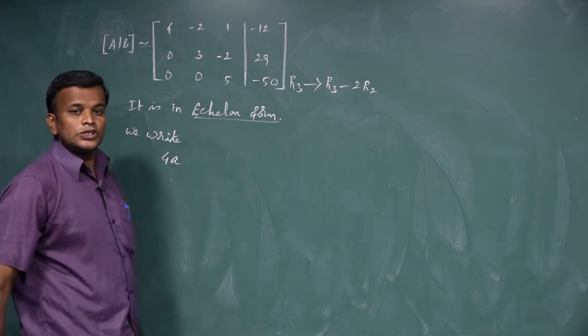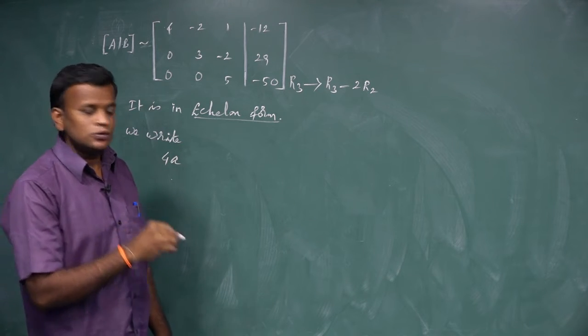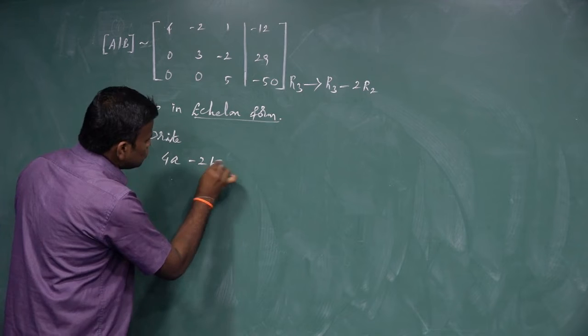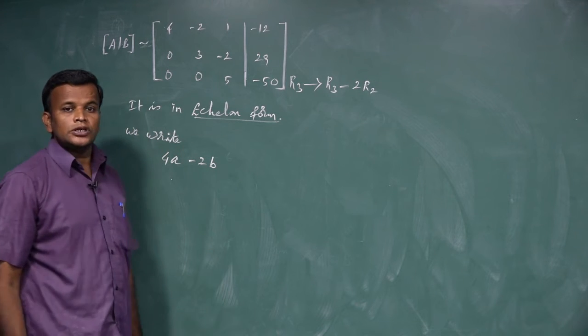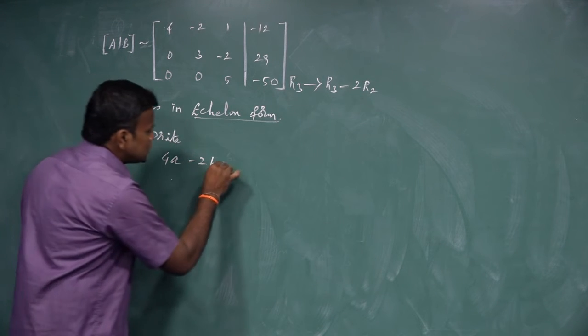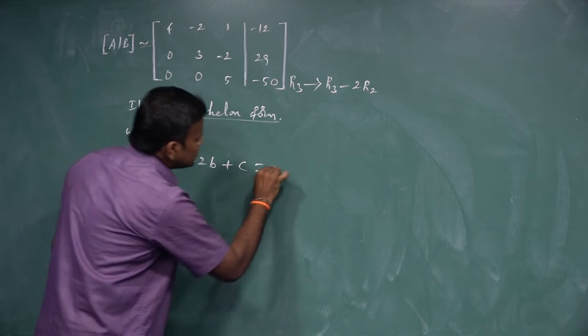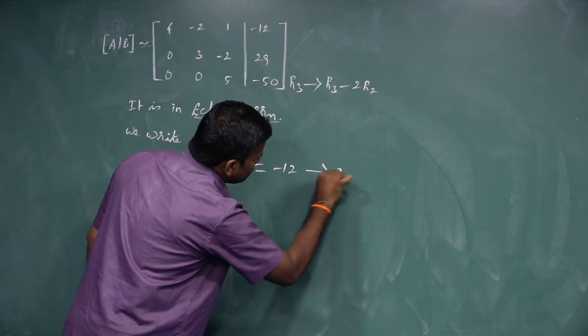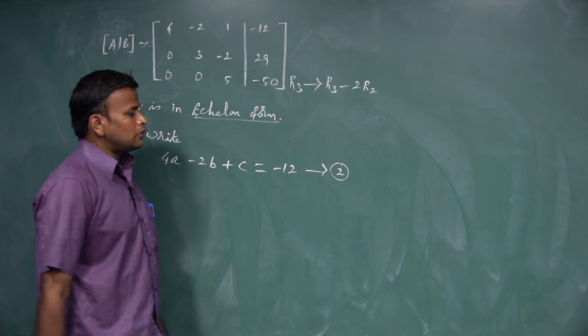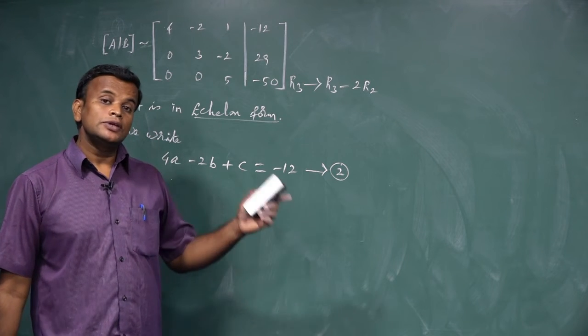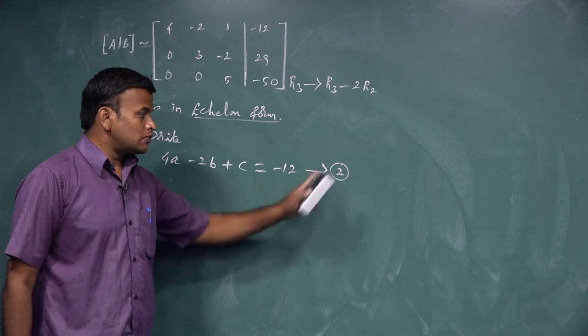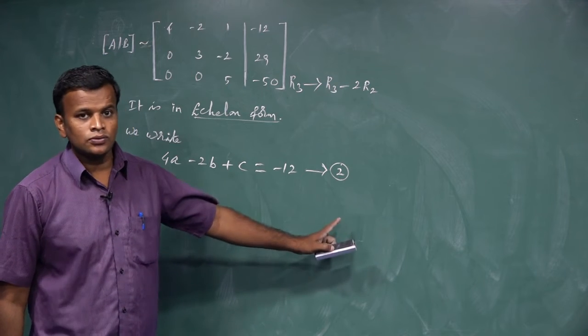Second one is the coefficient of B, minus 2, so I write minus 2B. And third one is the coefficient of C, plus 1 into C is C, is equal to minus 12. I put it as equation 2. In the previous starting, we put the given equation as the first equation.